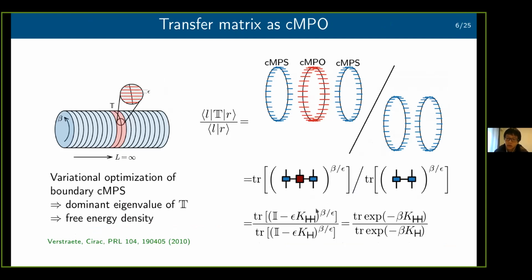And after that, if you look at this calculation, this basically means you have to contract this tensor network, and this expression becomes some form like this. This is the identity matrix, plus some linear term with respect to the epsilon, and this is the power to the beta over epsilon terms.